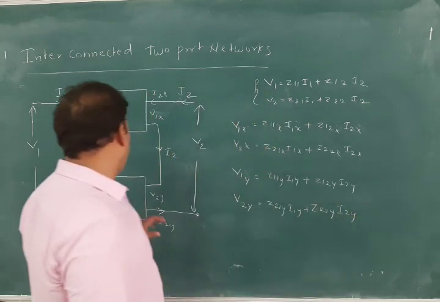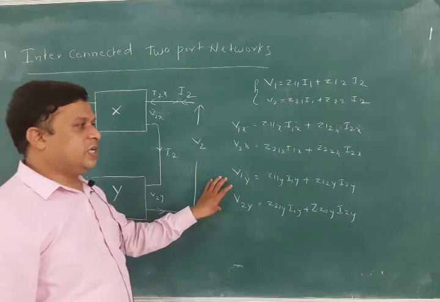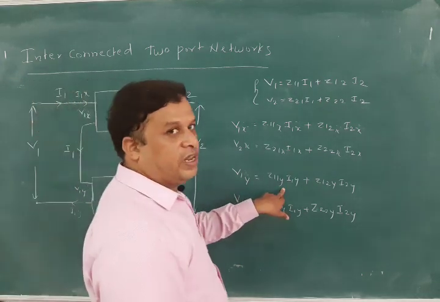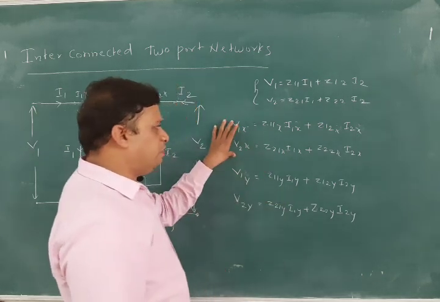It belongs to the Y network, so we are writing the Z parameter equations in this form, where only y is the suffix, to remember which belongs to the X network and which belongs to the Y network.